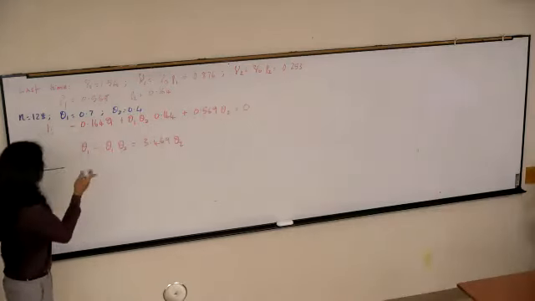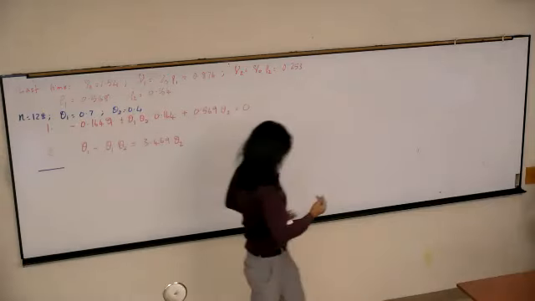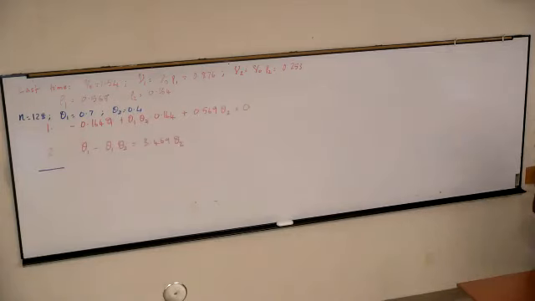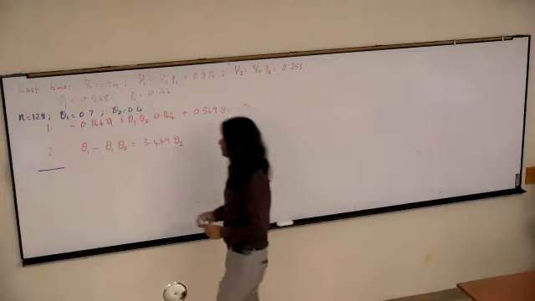So what we tried to do, well, how did we get those two equations? We took the equations for rho 1 and rho 2, substituted in the values that we had.